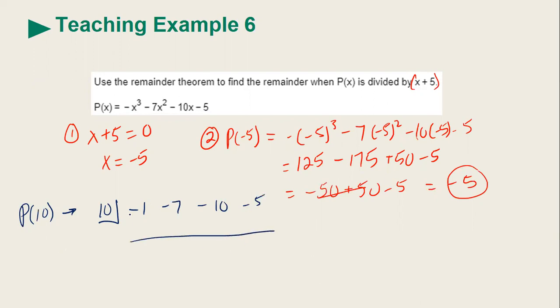And begin. So I'm going to bring down my leading coefficient. And remember, we diagonally multiply, then we add. So we have 10 times -1 is -10. -7 plus -10 is -17. 10 times -17 is -170. -10 and -170 make -180.